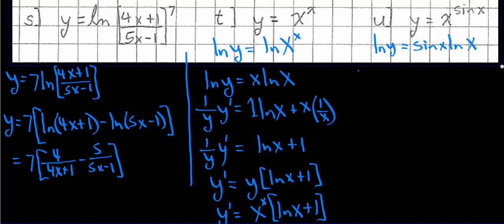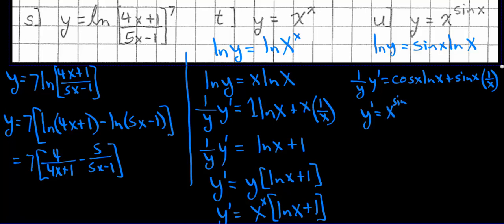Once again, we differentiate: 1 over y, y prime equals cosine x log x plus sine x times 1 over x. Multiply through by y, and we get y prime is equal to x to the sine x, times cosine x log x plus sine x over x. And there we have it.